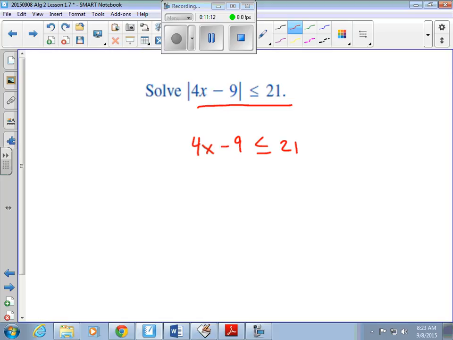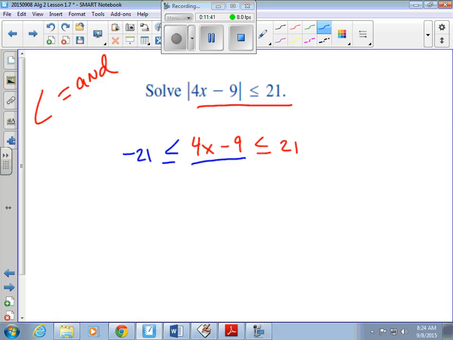But since this is less than, and less than equals and, it's going to go in the middle. So this is what I mean by reading it backwards. 4x minus 9 is greater than or equal to, not 21, but negative 21, just like the equations were a little while ago.